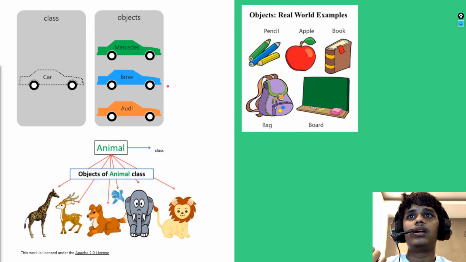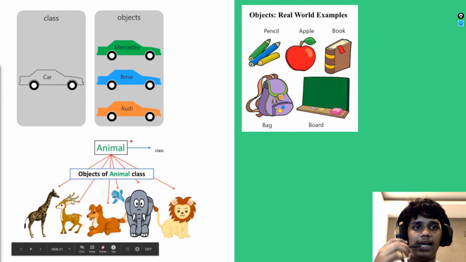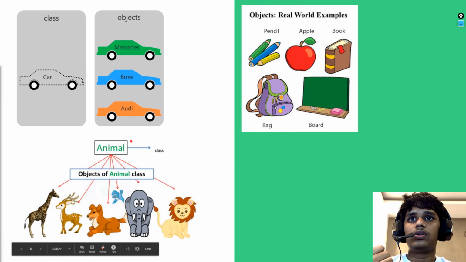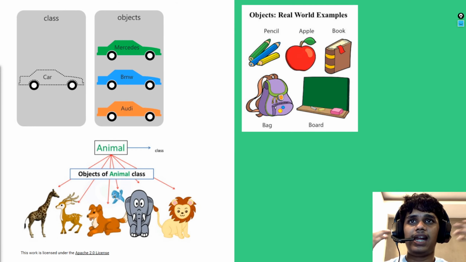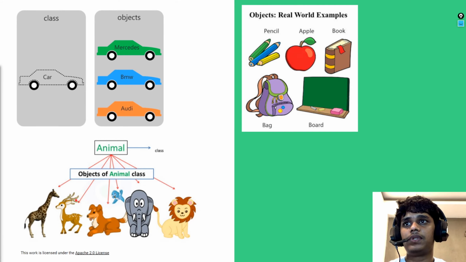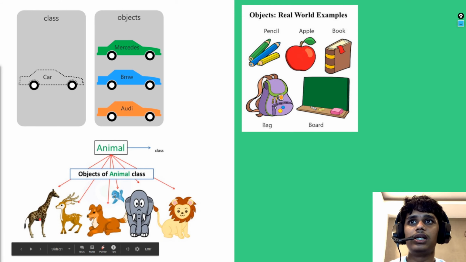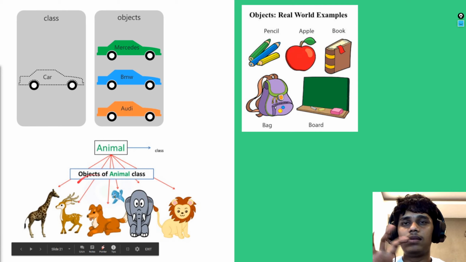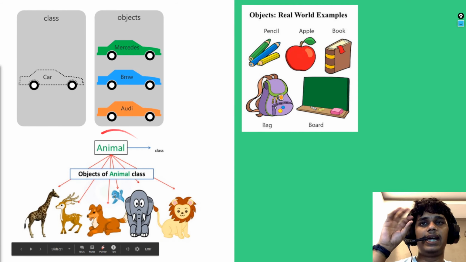If you take an animal as a class, animals have hands and legs, and each animal has its own color of skin. Some of the animals have trunks, and some of them have spots on their skin. But the major thing is that they all come under the class known as an animal.